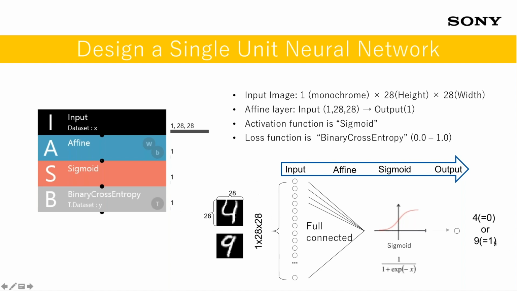Let's look at the picture on the right corner of this slide and see what's happening inside. You have 4 and 9, and this is going to be your input. It's 28 by 28, and then you go through these steps. First is affine, which means I connect all of the input to one output.